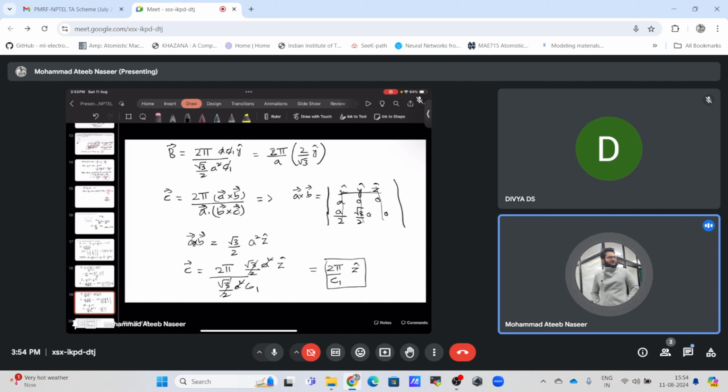Now what we need to find out is the magnitude and the angle between these reciprocal lattice vectors.